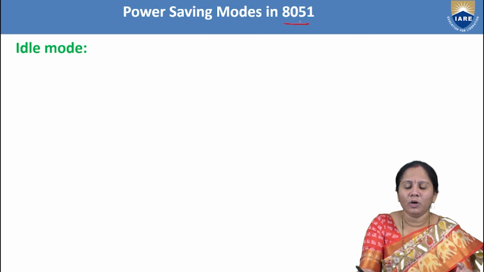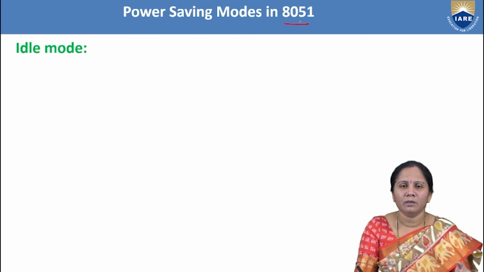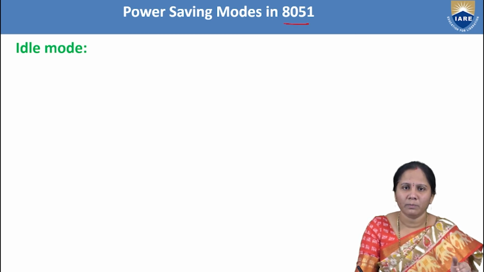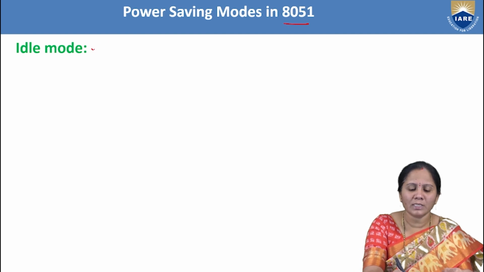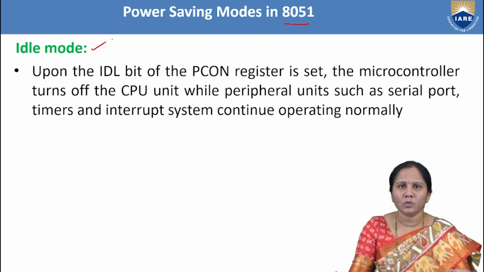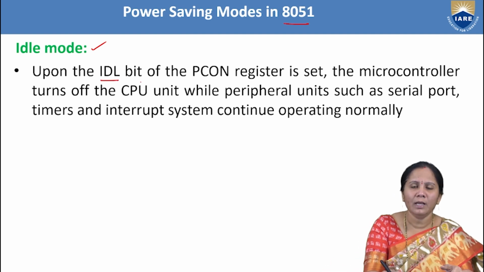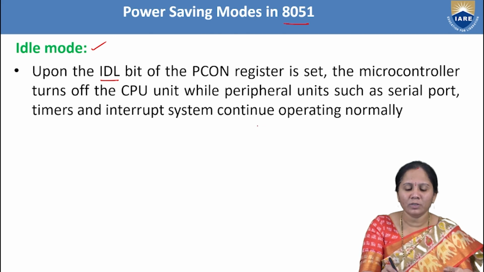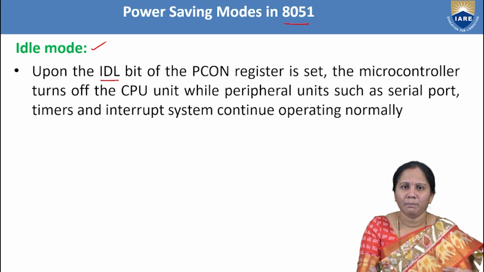The PCON register can be operated in two power control modes. One is idle mode. What is idle mode? If you see the PCON register bit format, we can observe one bit which is called idle. This idle bit is used to set the power saving mode.